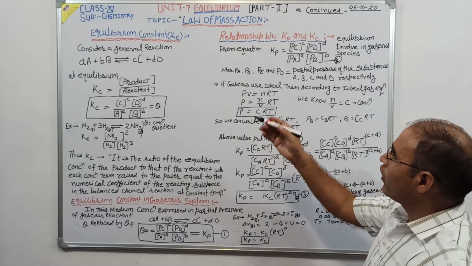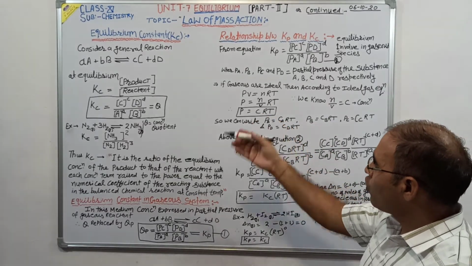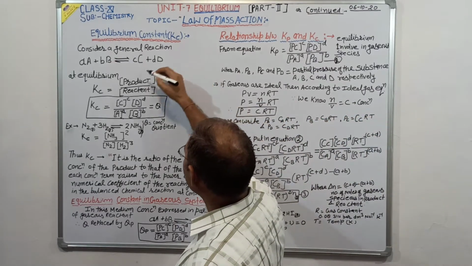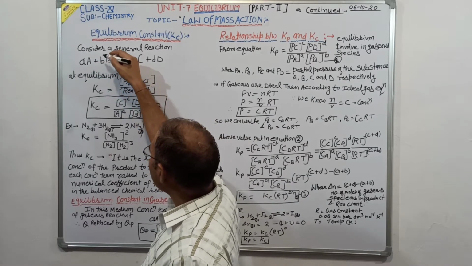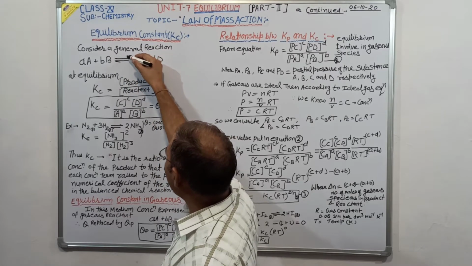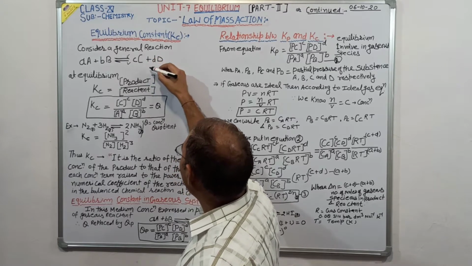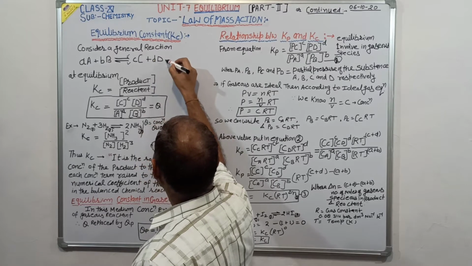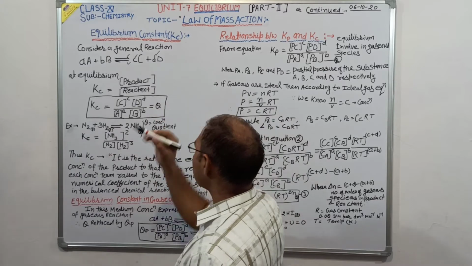What is the equilibrium constant? Take the general reversible reaction in which small a of capital A and small b of capital B react, with a forward reaction and a backward reaction, to form C and D, which have the coefficients small c and small d.